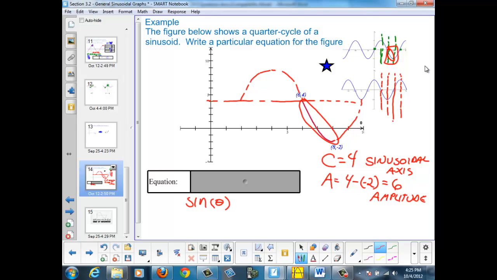Now, if we think about how long it's going to take for this image to repeat itself, I'll recognize that going from x equals 6 to x equals 8 took up 1/4 of the cycle. So in 2 units, I traveled 1/4 of the entire period, which means that my period would be 4 times the 2 units.